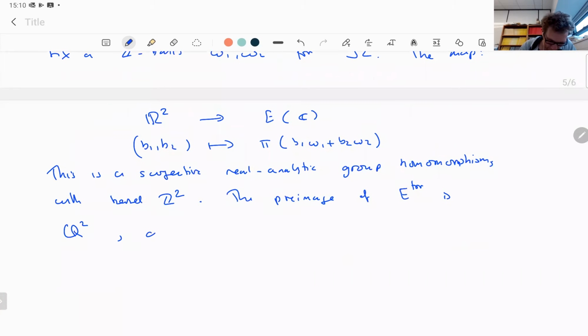And we get that the torsion is isomorphic to Q mod Z squared, and the n-torsion is isomorphic to (1/n)Z mod Z squared.